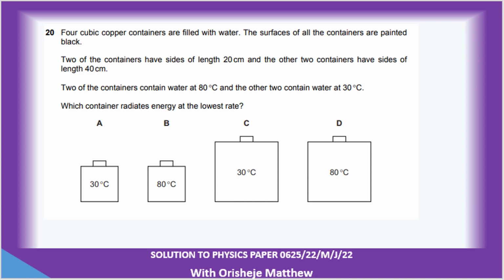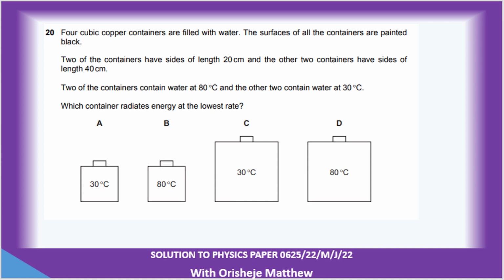Four cubic copper containers are heated with water. The surfaces of all the containers are painted black, so in this investigation the surfaces have the same color. Two of the containers have a length of 20 cm and the other two have a length of 40 cm.